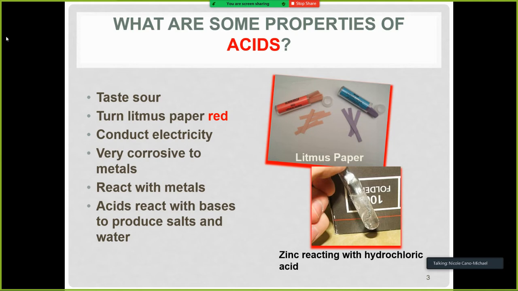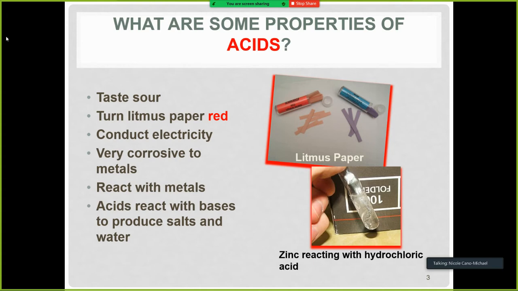Acids conduct electricity. Your batteries, whether it's a 9-volt battery like you might have in a speaker, a rechargeable battery like in your phone, the battery in your parents' car, or the little AA or AAA cells in a TV remote, all of those have battery acid in them.